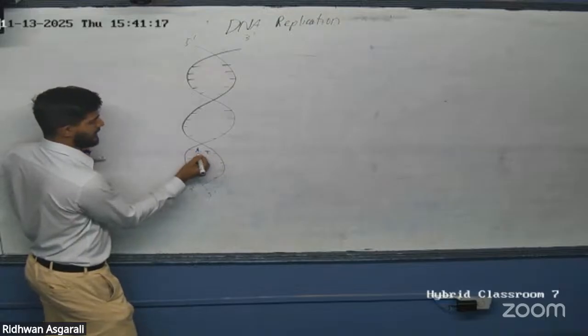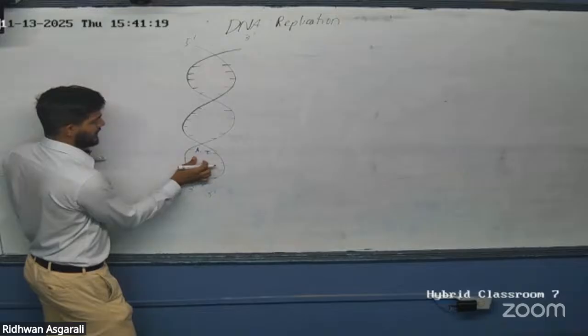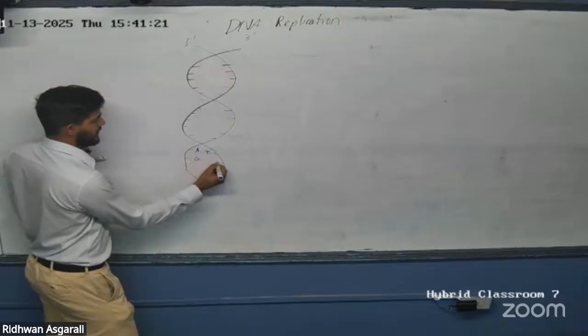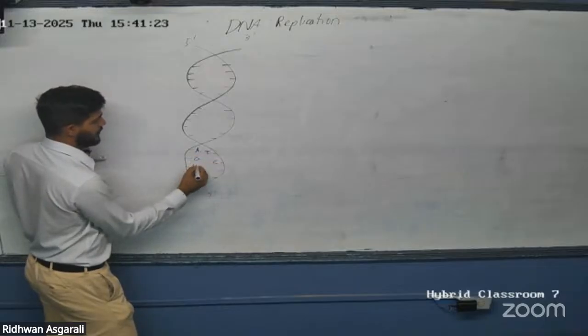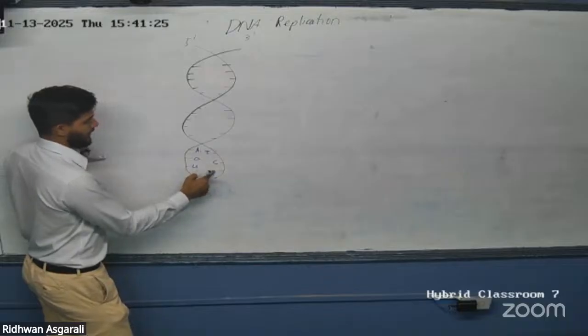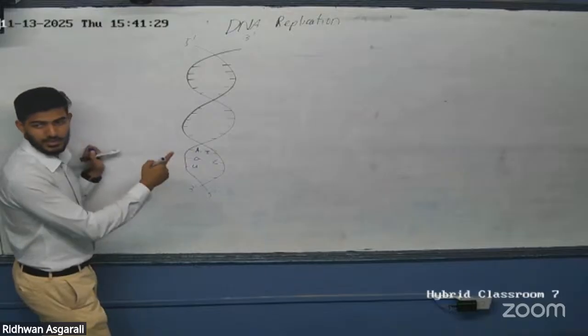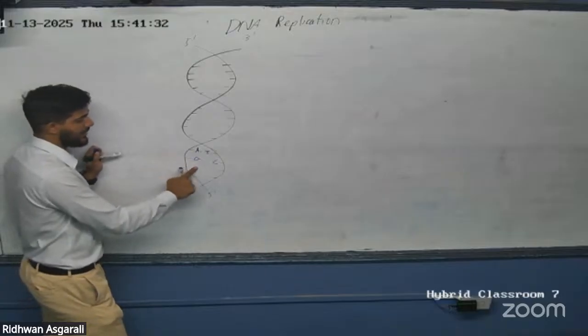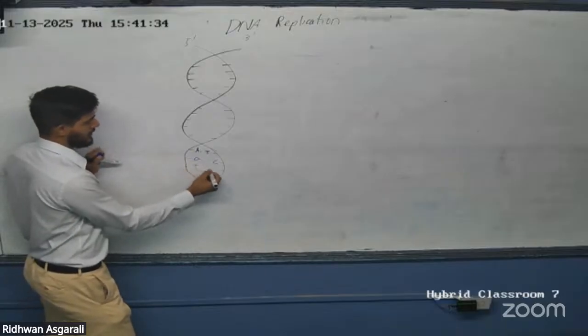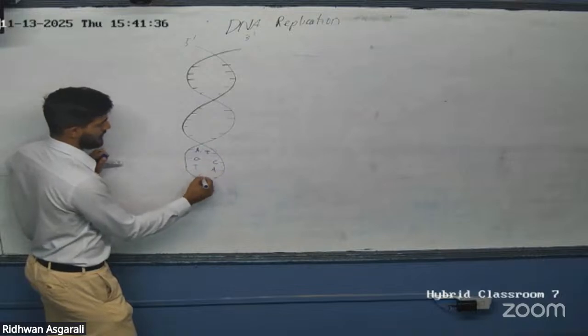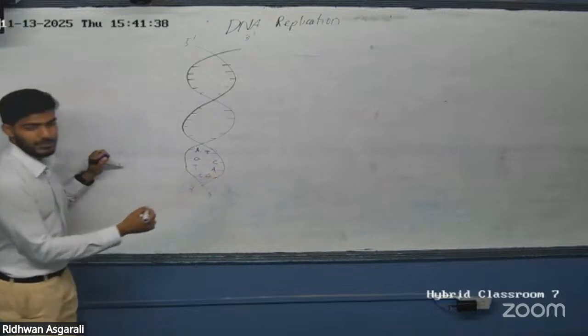T, right? T is complementary to A. If this is G, C. If this is U, right? U still can't be in here, right? That's the RNA base. So if this was T, A, C, G, those would be complementary pieces, right?